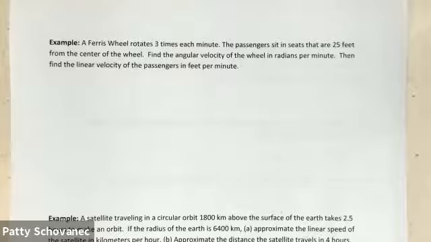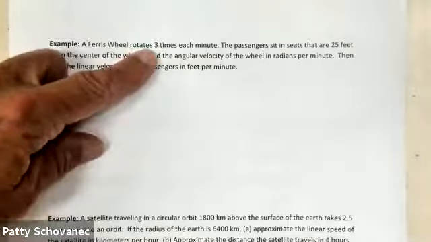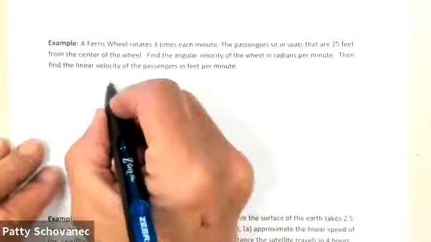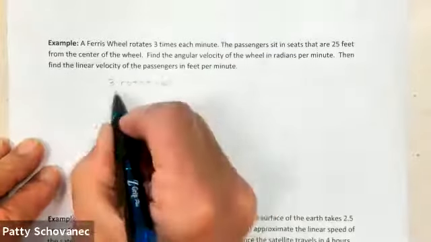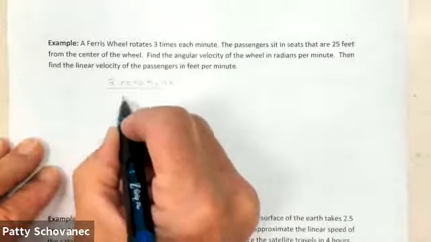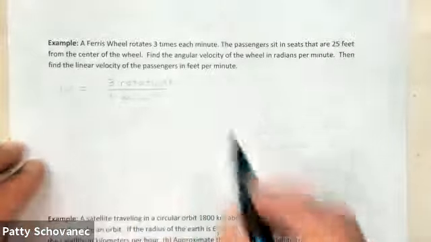So again, the angular velocity just means convert from your revolution rate by multiplying by 2 pi radians per revolution. We're told in the first sentence that it rotates 3 times per minute. So 3 rotations per 1 minute. We're working on omega.